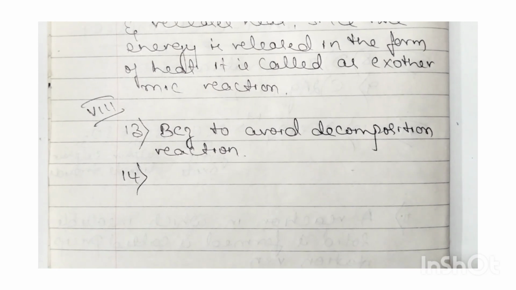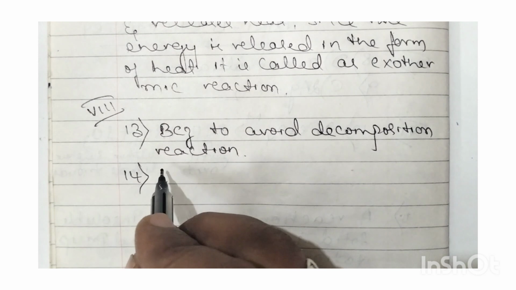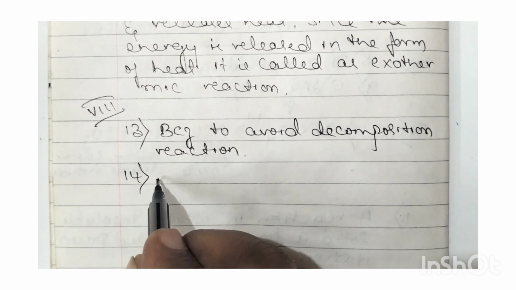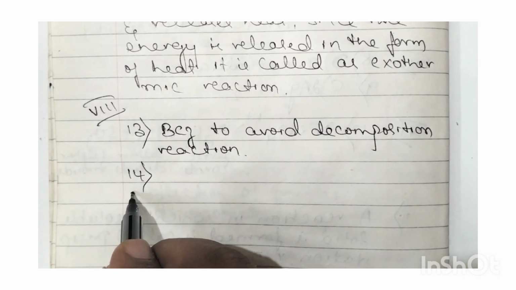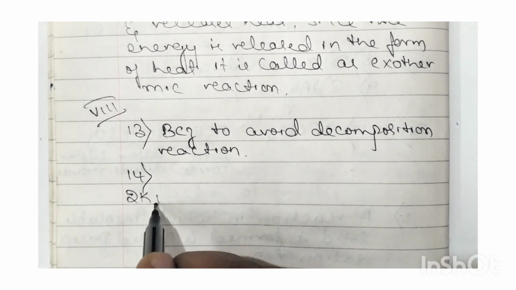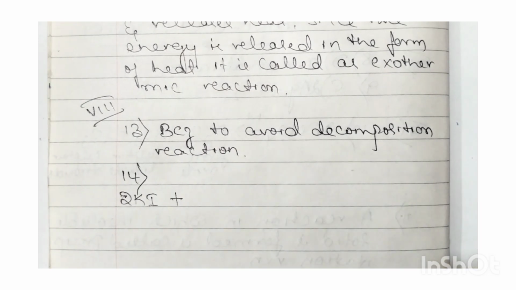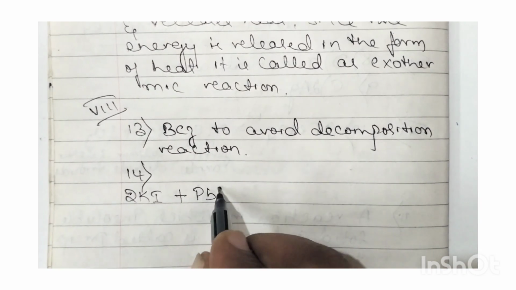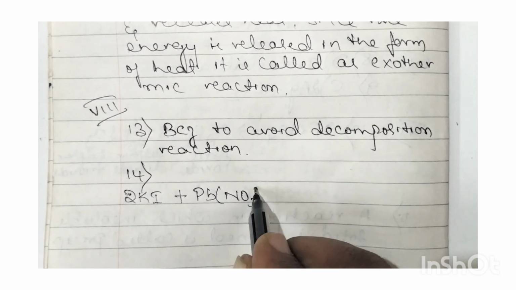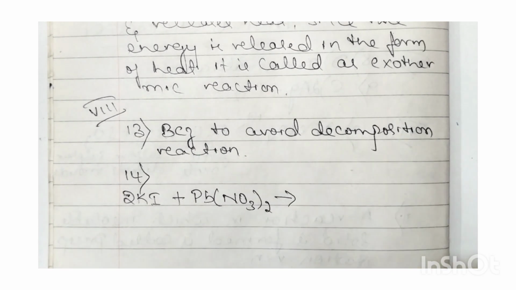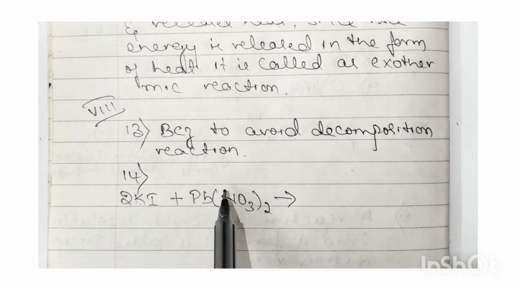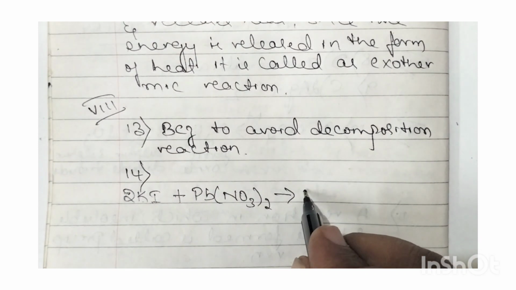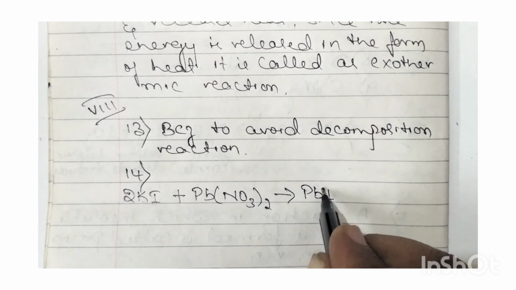First let us write the equation when potassium iodide is added to a test tube containing lead nitrate. So 2KI plus lead nitrate, Pb(NO3)2. When potassium iodide reacts with lead nitrate, it forms lead iodide, PbI2.